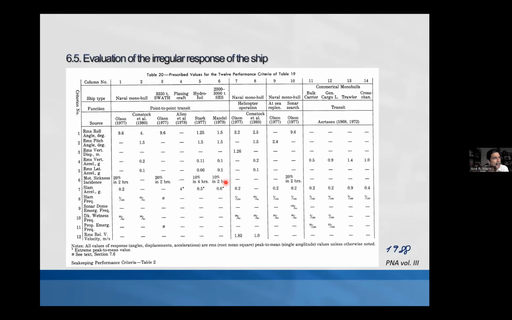For example, this morning I was looking with Miss Sayu, and she showed me that in MaxSurf, the percentage of increment of the resistance is calculated. So it could be a good idea if you find a paper or any source of information in which they compare values of acceptable increment in the ship resistance in irregular waves.